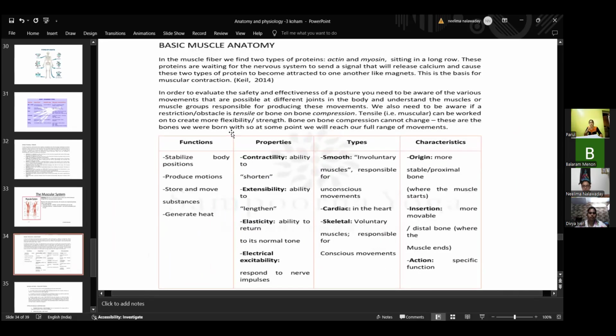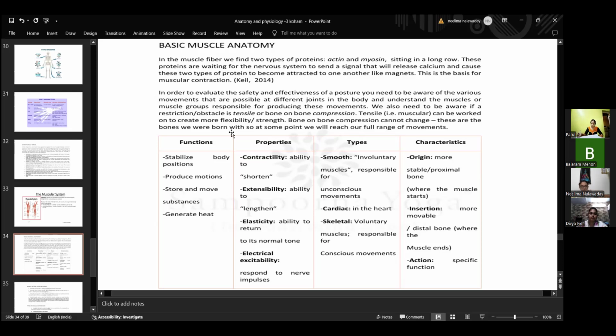basic muscle anatomy. Some of the terms commonly used in muscle anatomy. In the muscle fiber, we find two types of proteins, actin and myosin, sitting in a long row. Skeletal muscle is made up of muscle fibers actually.